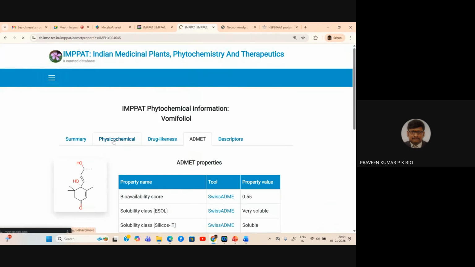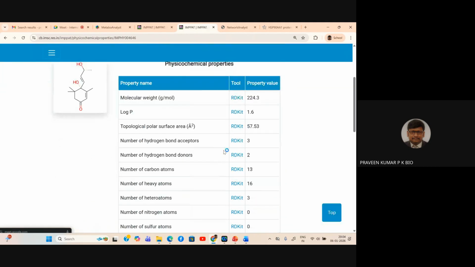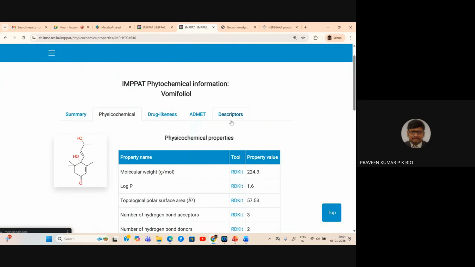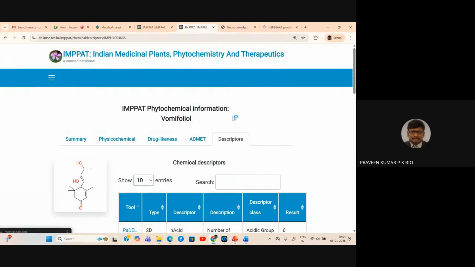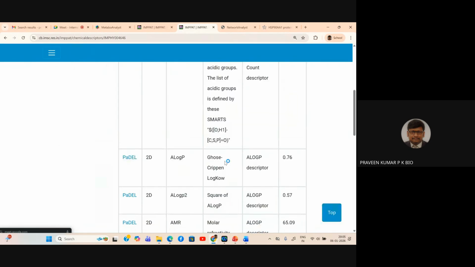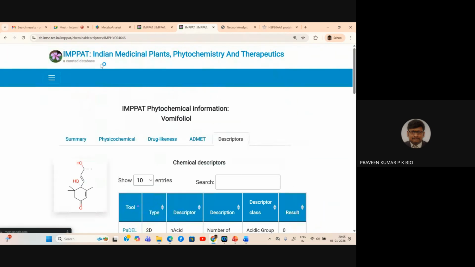Similarly, for each and every phytochemical, the physicochemical properties related to drug likeness and pharmacokinetic properties, everything is described. So you can check any popular Indian medicinal plants. This is how to use it, checking either the plant or the compound. You will get the properties related to that.